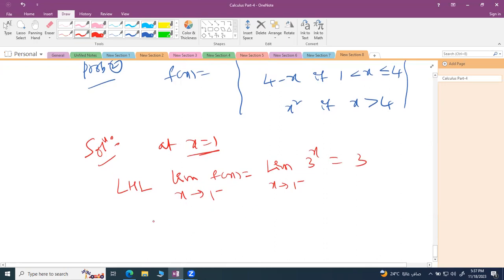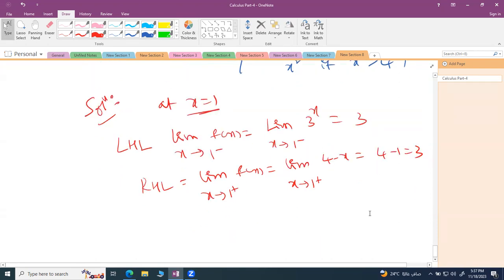If it is the right hand side, limit x goes to 1 plus f of x is equal to limit x goes to 1 plus 4 minus x equal to 4 minus 1 equal to 3.